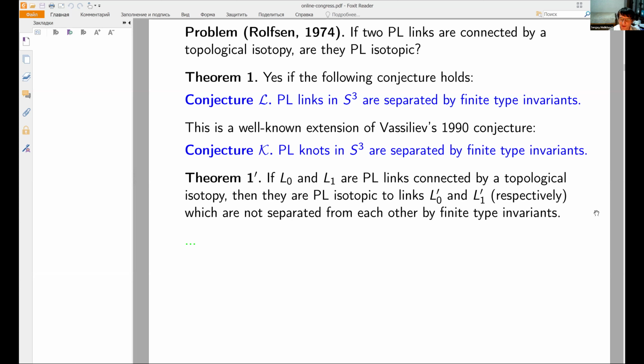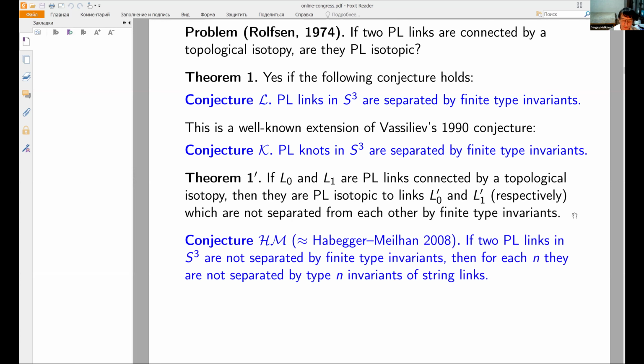Namely, it says that this version for links of the Vasiliev conjecture holds if and only if 6 other conjectures hold simultaneously, namely the original Vasiliev conjecture for knots, the affirmative answer to Rolfsen's problem. This is the second one. Now this is the third conjecture, which will be in this list.